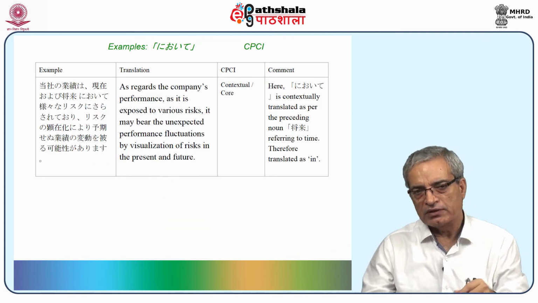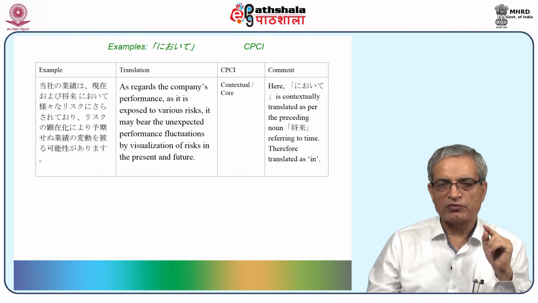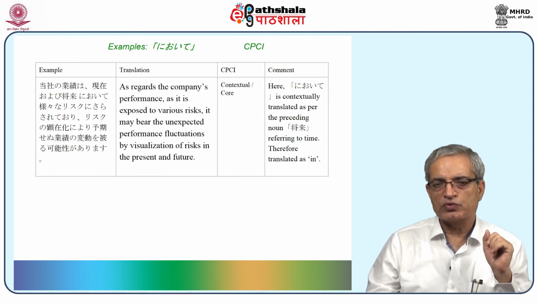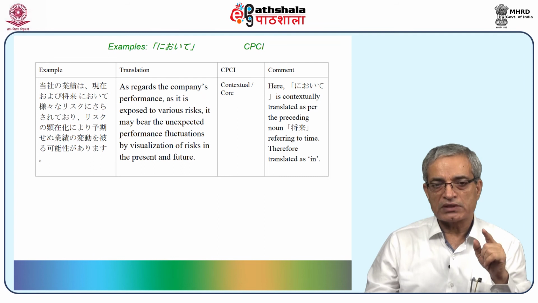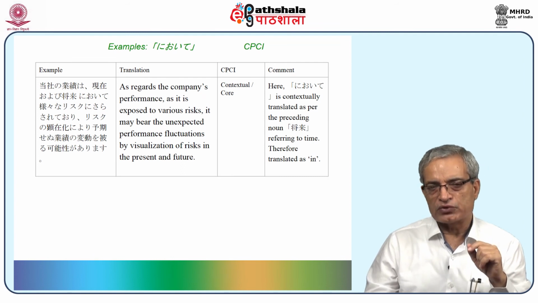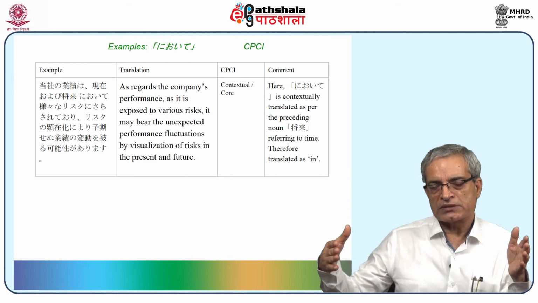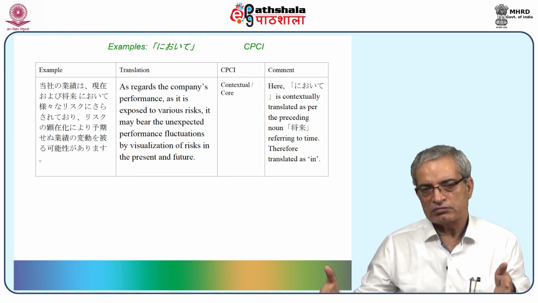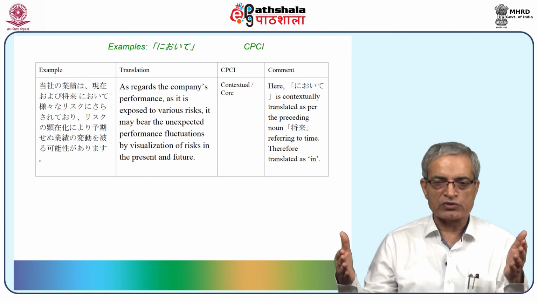And the third example was as regards the company's performance. As it is exposed to various risks, it may bear the unexpected performance fluctuation by visualization of risk in the present and future. During the present and future we don't say, though present is just now, and future present is actually subjective.